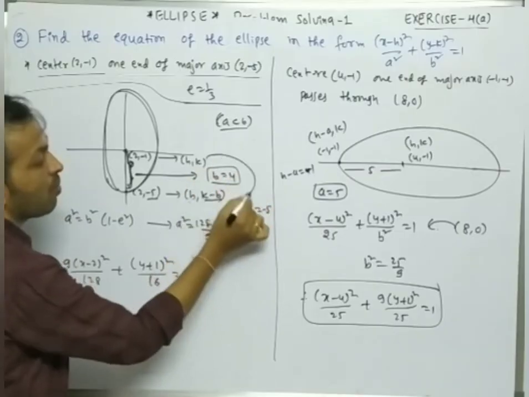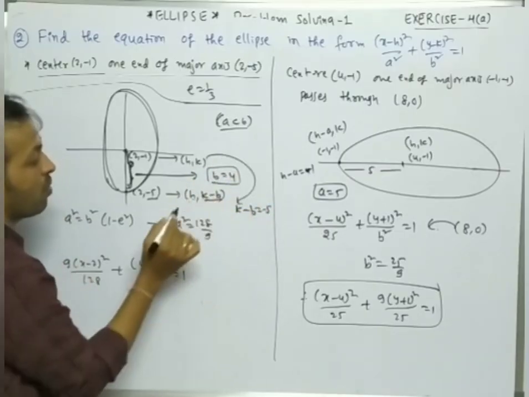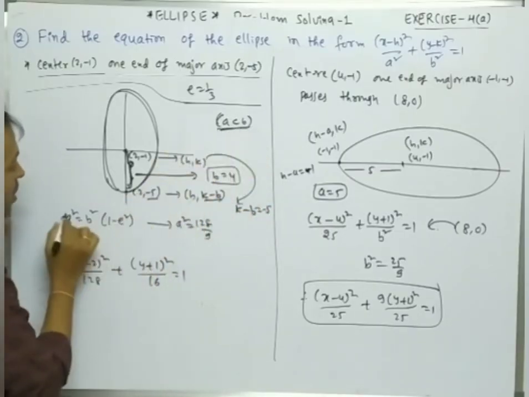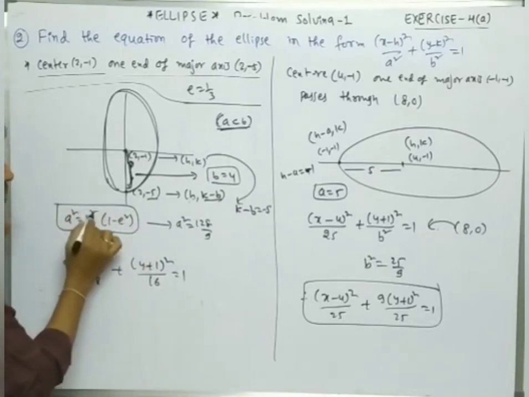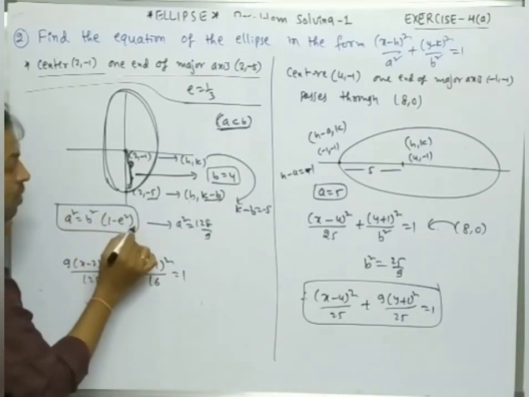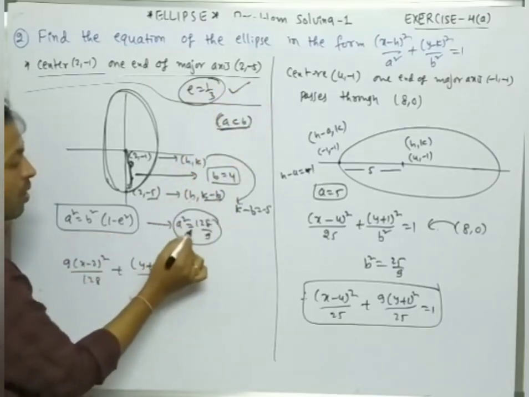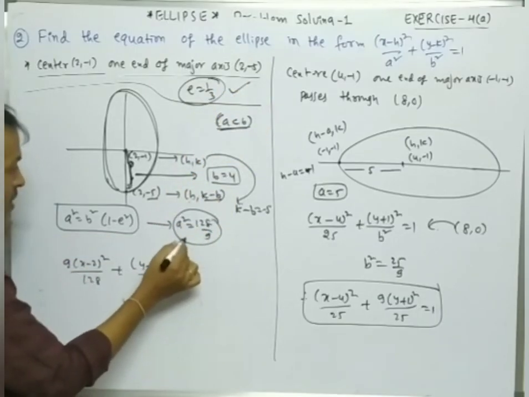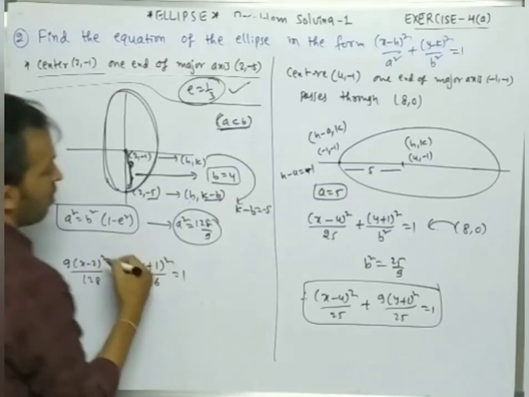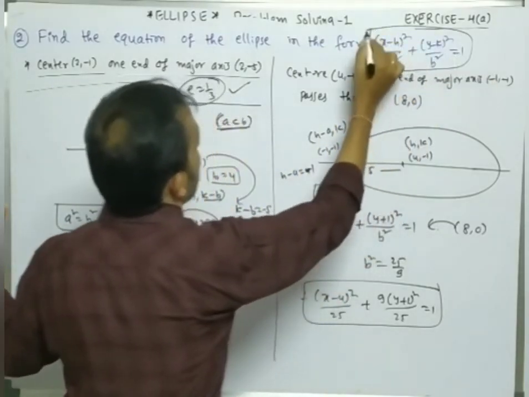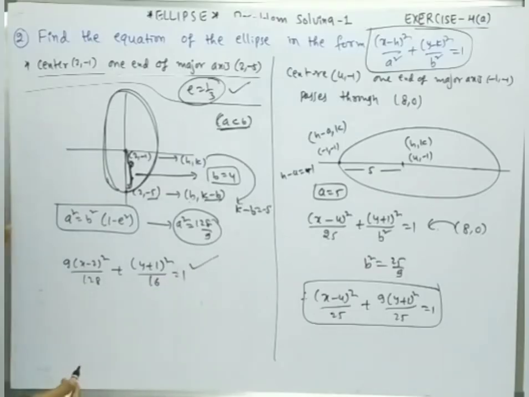K value substituted here, you will get b as 4. Next, as a less than b, we have the formula a square is equal to b square into 1 minus e square. From that, eccentricity is given 1 by 3, substitute, you will get a square is equal to 128 by 9. So substitute all these values in this form, you will get this equation, right?